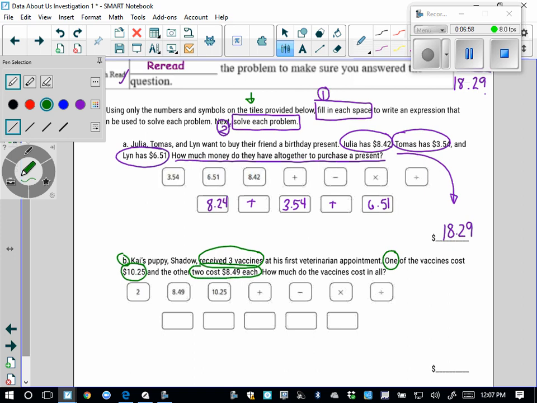So I have to think about that. I know that the $10.25 vaccine, I just have to put that here, and I'm going to add that to the $8.49 vaccine, but since there's 2 of them, I could say plus 2 times $8.49.